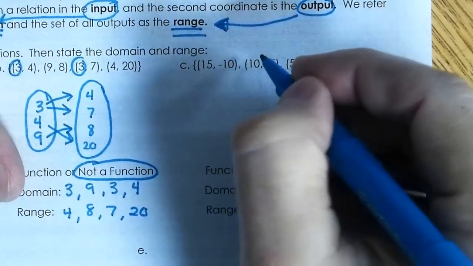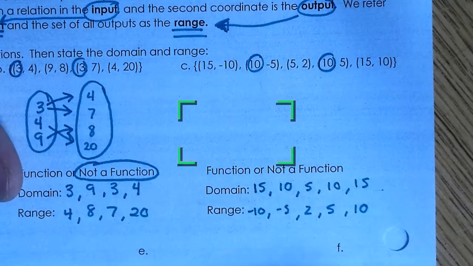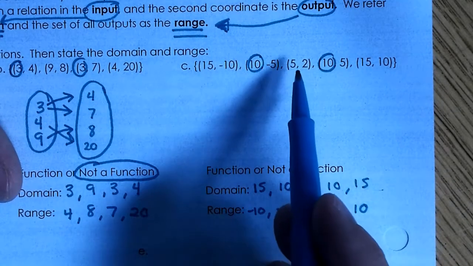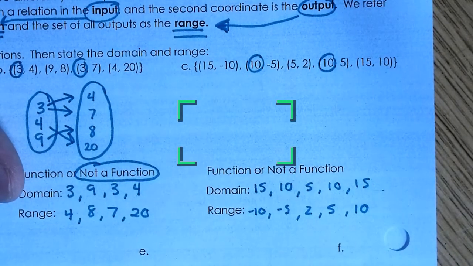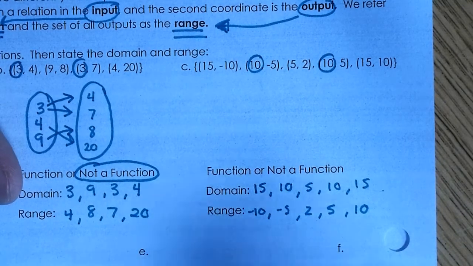So the 10s, right? The input, the 10, and then what else? Not the 5s. The 5s don't matter. Notice that 5's an input, that 5's an output. We're not worried about that. We're just worried about the inputs having multiple outputs. The 15s is the other one.